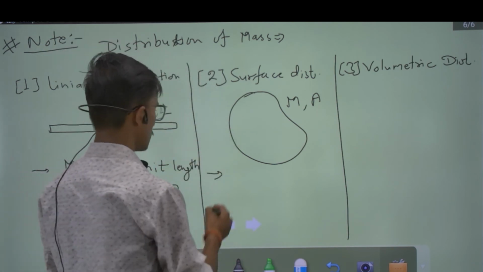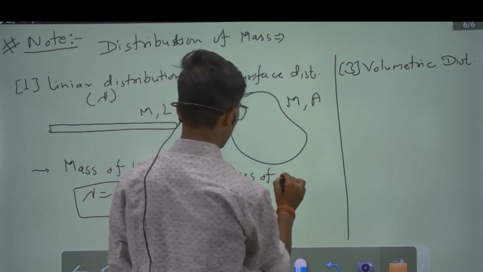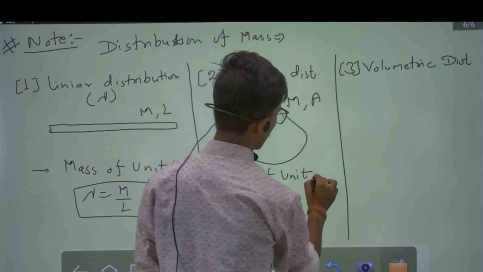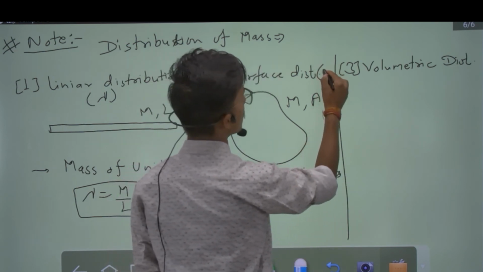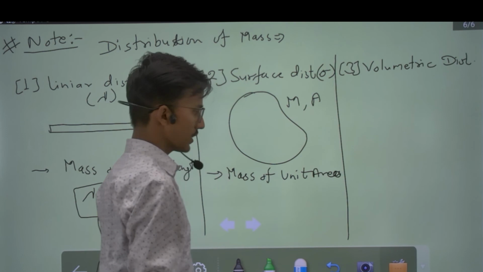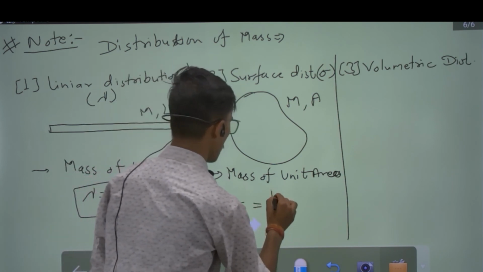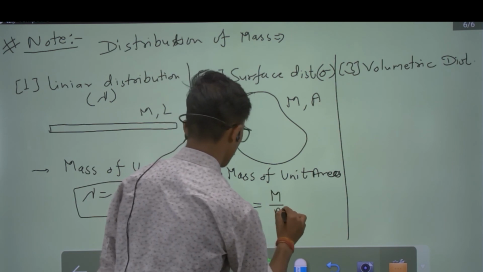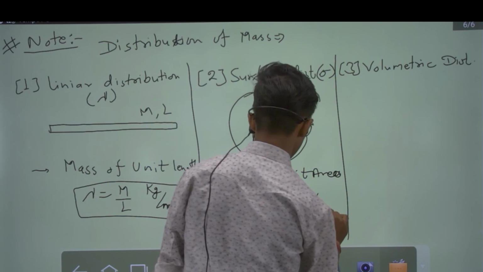This is the mass of unit area, and this is denoted as sigma. Then sigma will be equal to what? Sigma will be equal to mass divided by area, and the unit of this is kilogram per meter square.